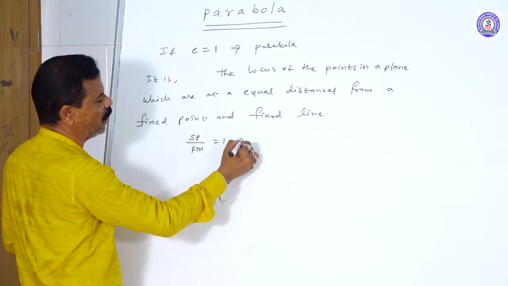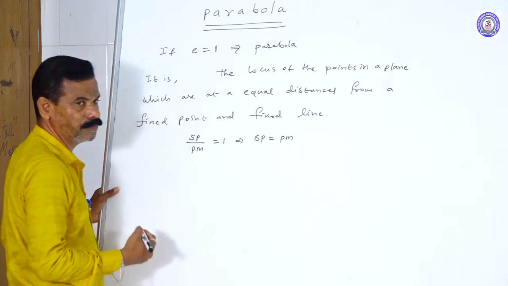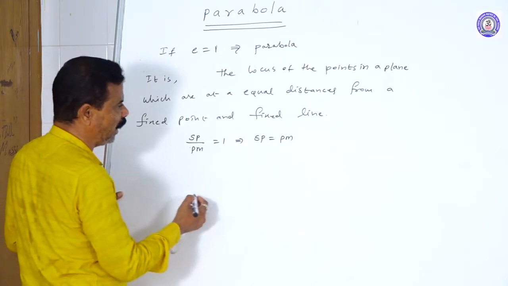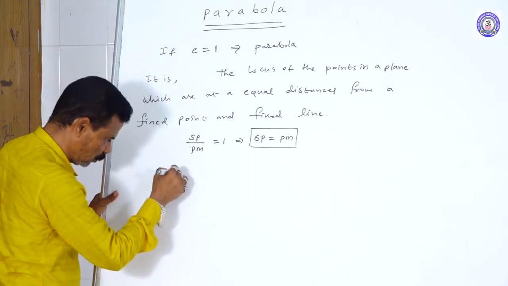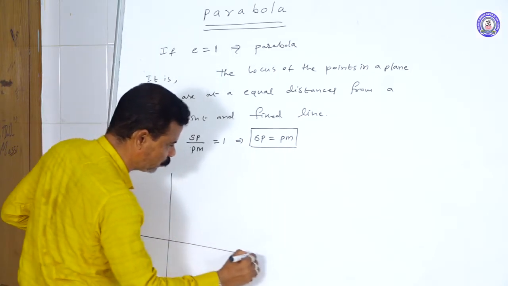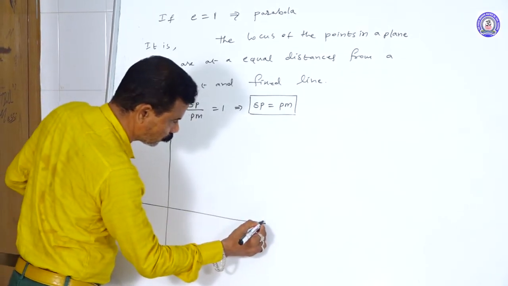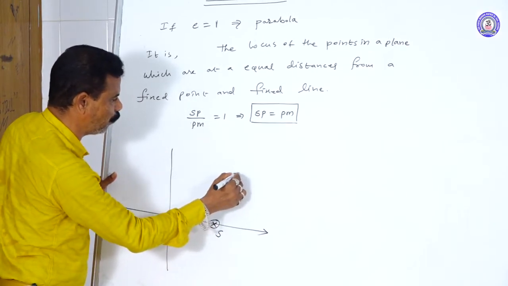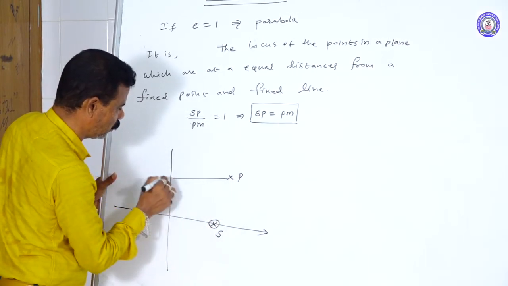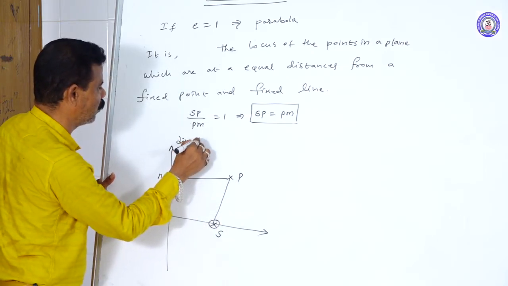On multiplication, SP is equal to PM. So on the diagram, this is the S, this is the P, this is the M, this is the directrix.